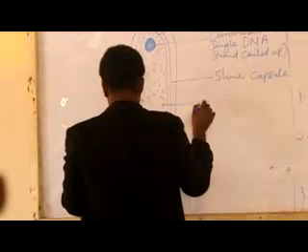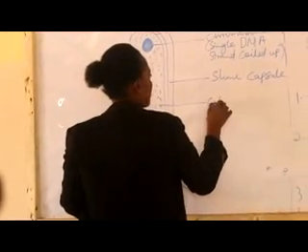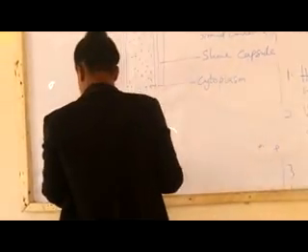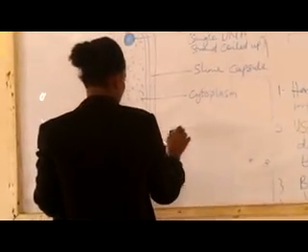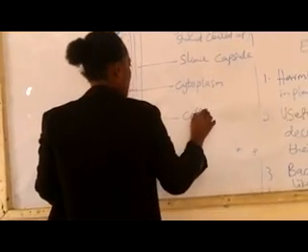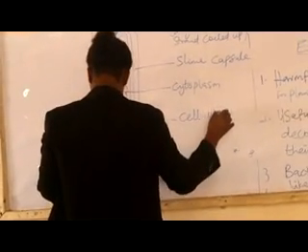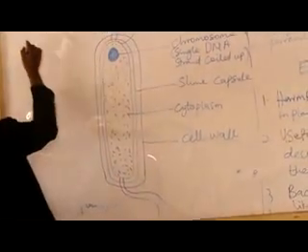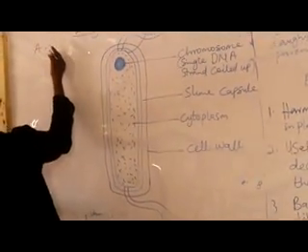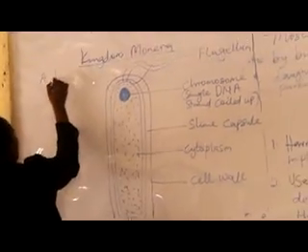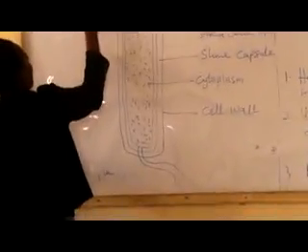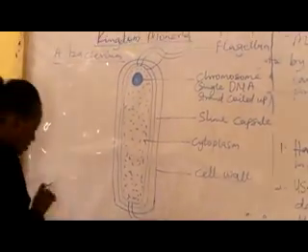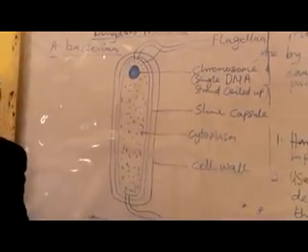You have the cytoplasm. We have the cell wall. So this is the general structure of a bacterium. We use the flagellum to move.